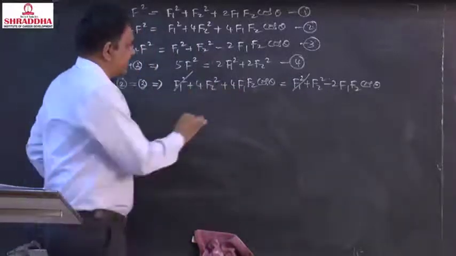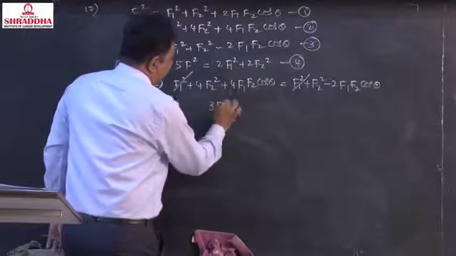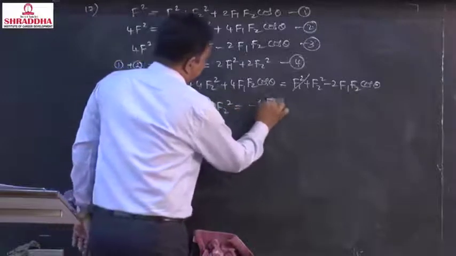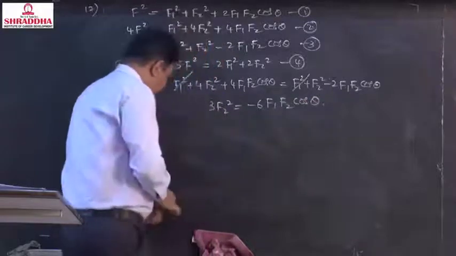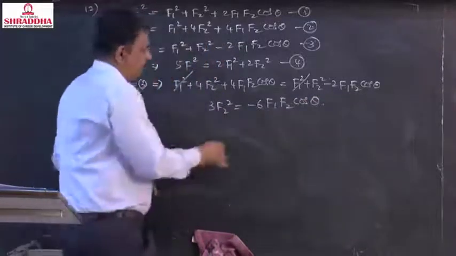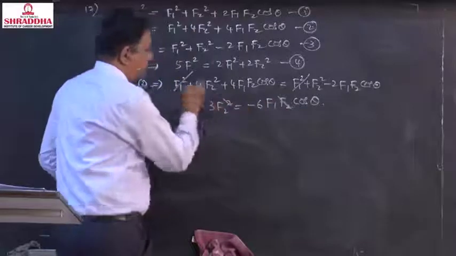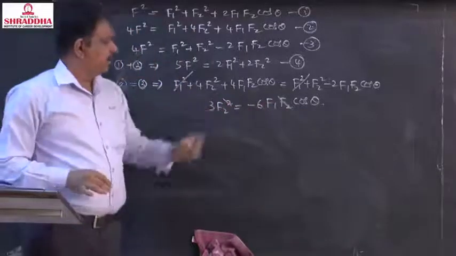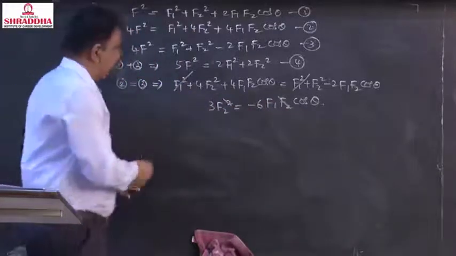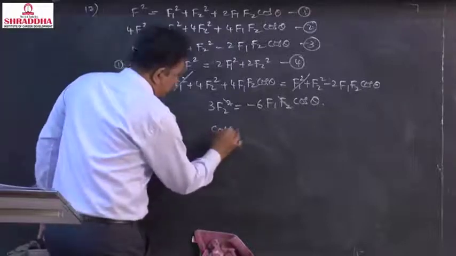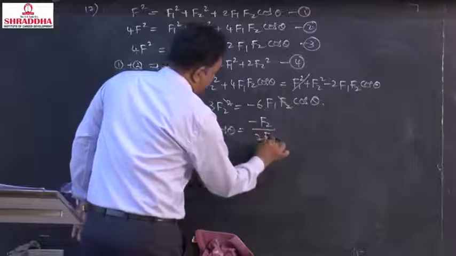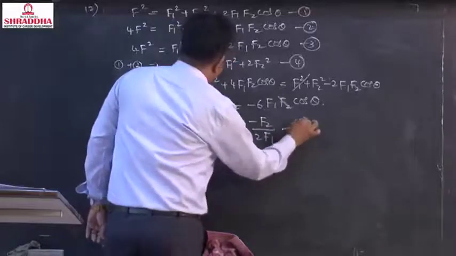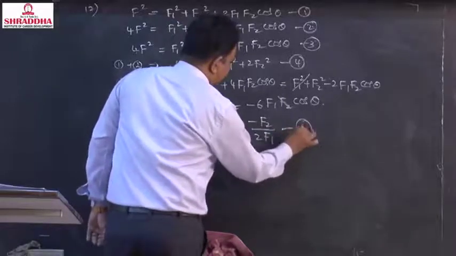Bring this one to this side. 3F2 square is equal to minus 6F1 F2 cos theta. One F2 and one square will cancel, 3 and 2 will cancel. Cos theta is equal to minus F2 by 2F1. Let it be equation 5.